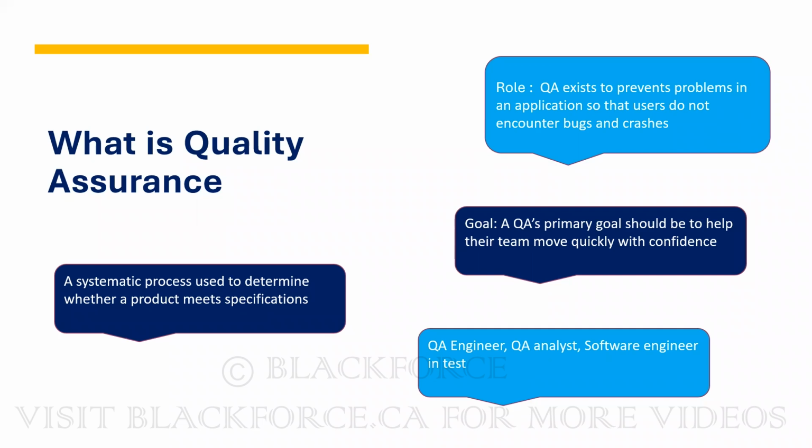So this means that on your Scrum team, you are going to have people that have software testing skills. Sometimes you call them quality assurance engineer, sometimes quality assurance analyst. In some organizations, they call them software engineer, in some, software testers. Depending on the organization you work in, they can call them different names.